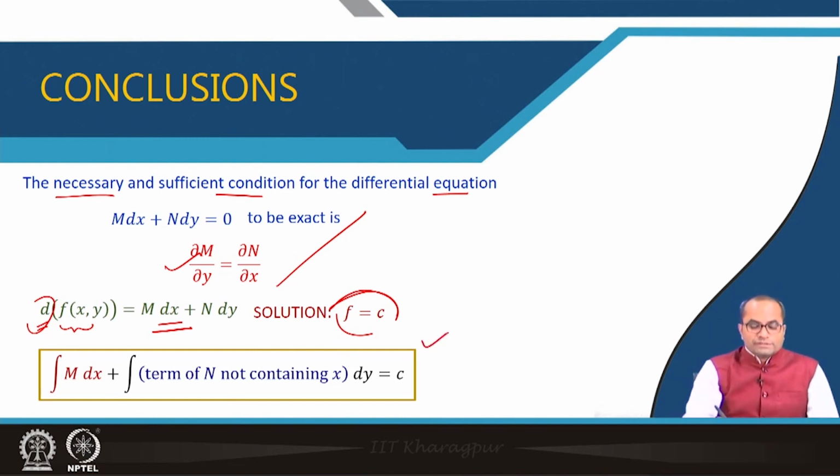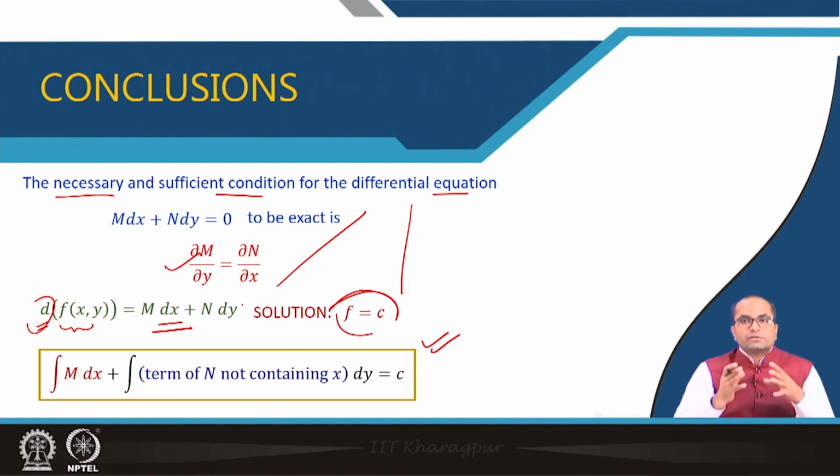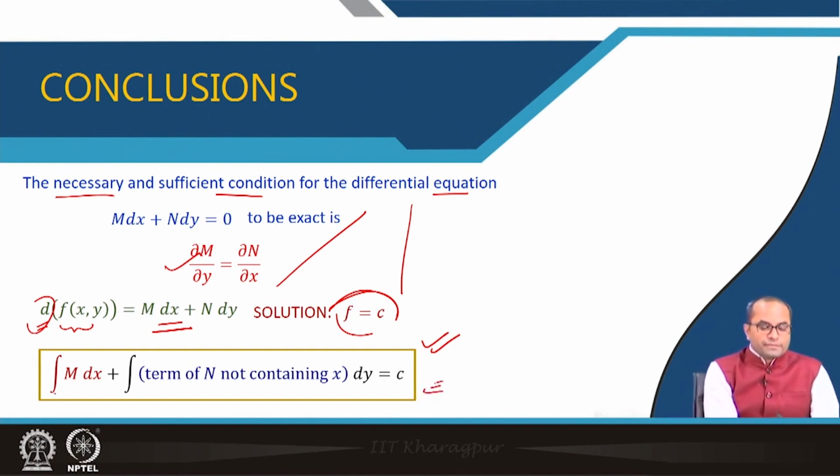We have also seen that one approach would be the direct approach, where we will try to find out the f by equating df = M dx + N dy and getting the relation of the partial derivatives of f in terms of M and N. But there was a shortcut approach as well, where we can find the solution directly.